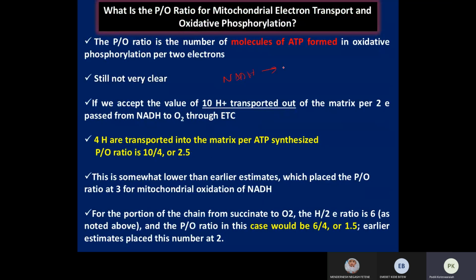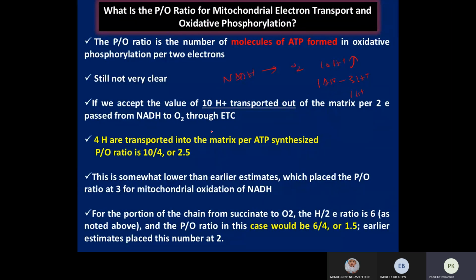And the P by O ratio is, we know that when NADH is donating its electrons to the molecular oxygen, 10 protons are pumped out. In order to synthesize one ATP molecule, 3 protons should enter into the matrix through ATP synthase, but one proton is also required to transport the ATP out of the matrix.